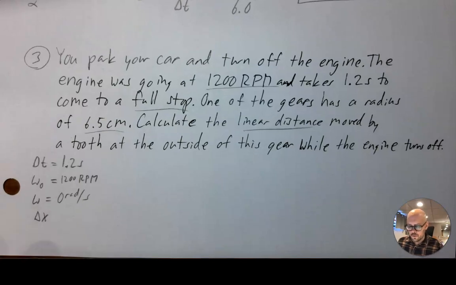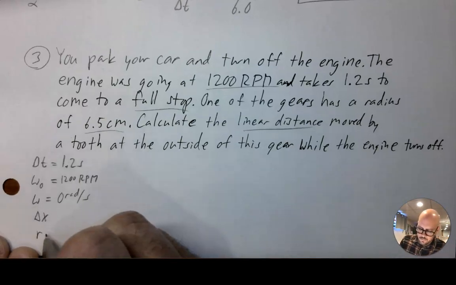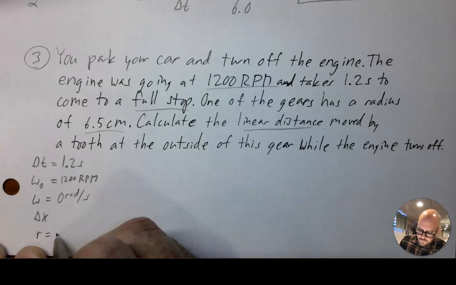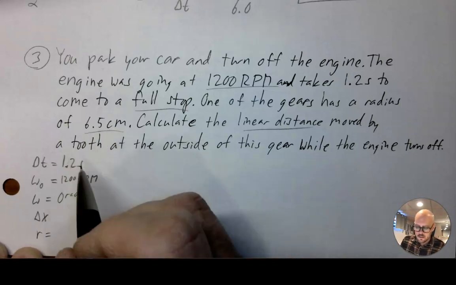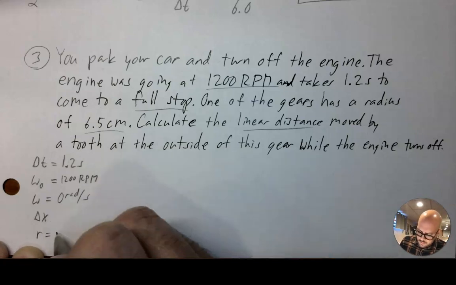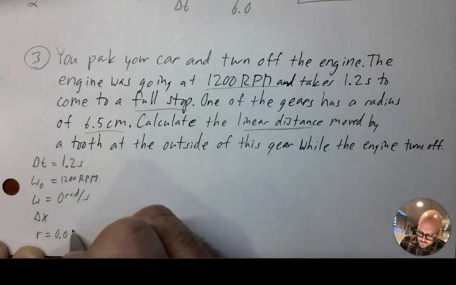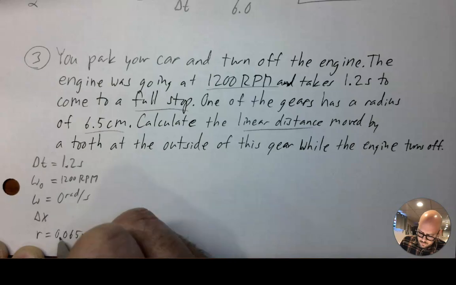There's probably 3 or 4 different ways to go through this problem, but I have chosen one. First things first, everything has to be in radians, seconds, and meters. So I'm going to take 6.5 centimeters and convert that to meters.